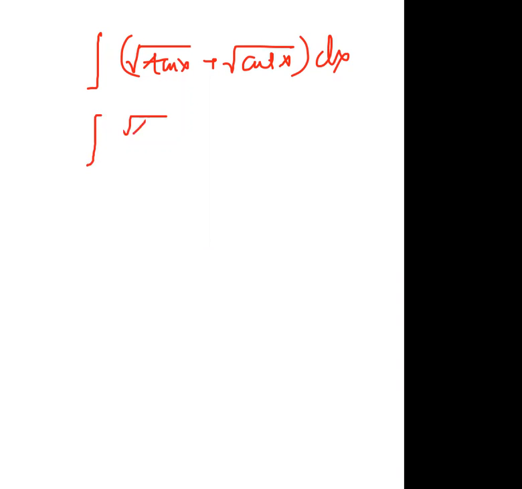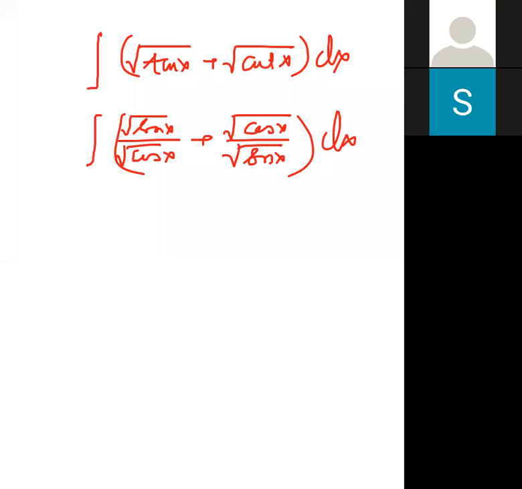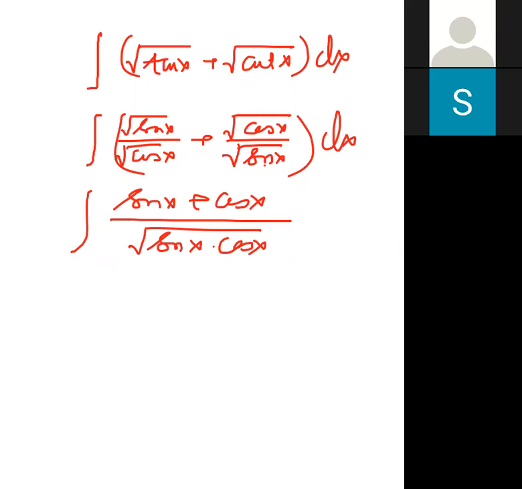Root tan x can be written as under root sin x upon cos x. So this is the thing. Now taking LCM, it will be under root sin x cos x. Root sin x into root sin x, this will be sin x plus cos x dx.